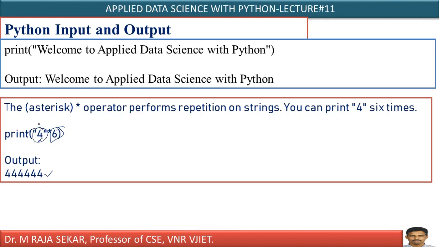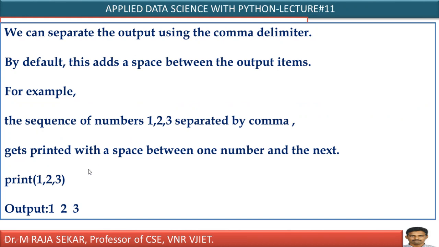Instead of 4, if I keep ABC, that ABC will get displayed 6 times. If I keep just A, that A will get displayed 6 times. Anyway, we will try to understand this with the Jupyter notebook.